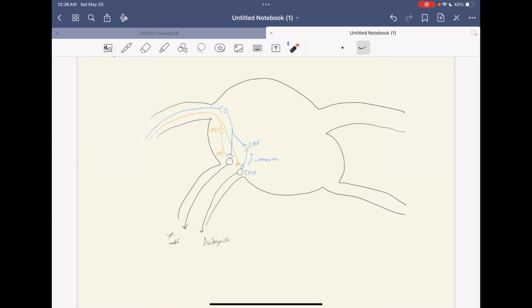The stretch and withdraw reflexes can be talked about using this setup here. So when we have receptors in our body that tell us when something is painful and we need to withdraw from those things.